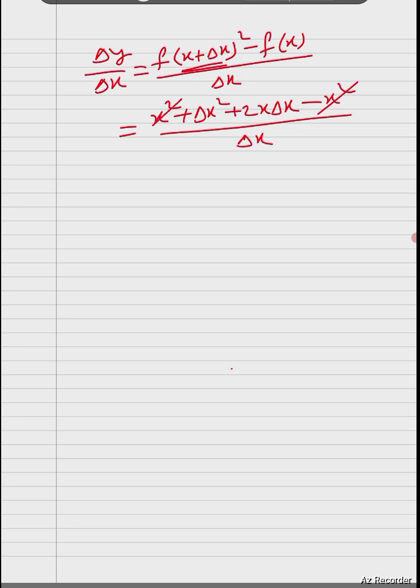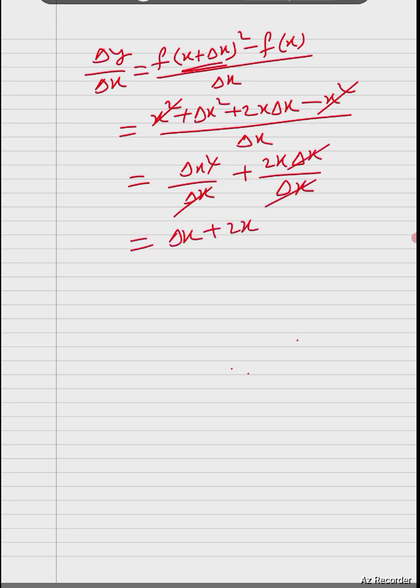So minus x square plus x square gets cancelled. So here we get, let us split this expression, delta x square by delta x plus 2x delta x upon delta x. Okay. So now square and delta x gets cancelled. Delta x gets cancelled. So we are left with delta x plus 2x. Okay. So this is what delta y by delta x. Finally we got delta x plus 2x.